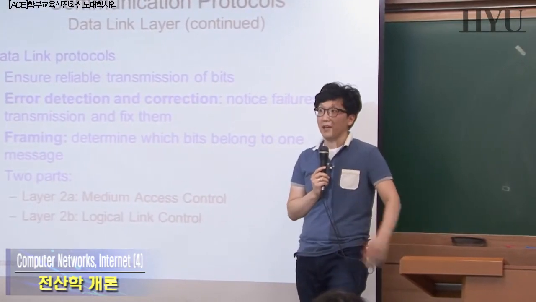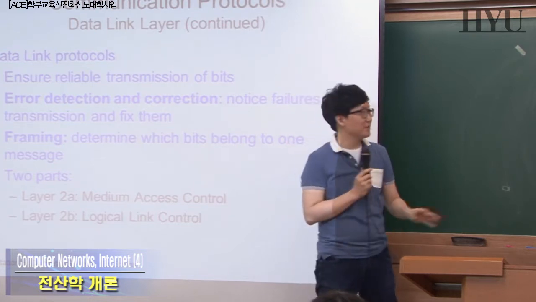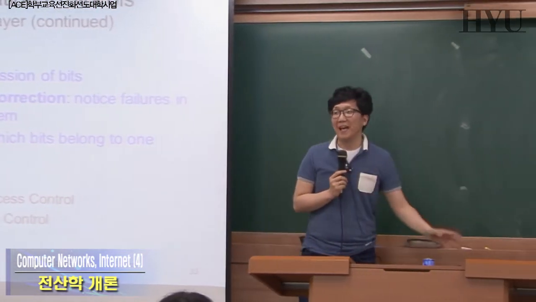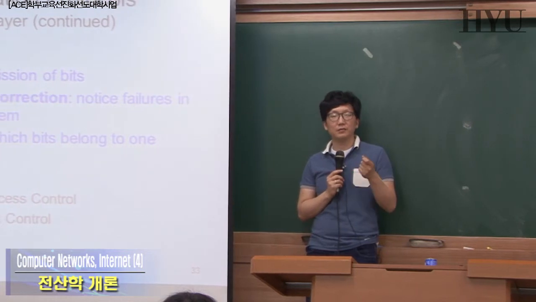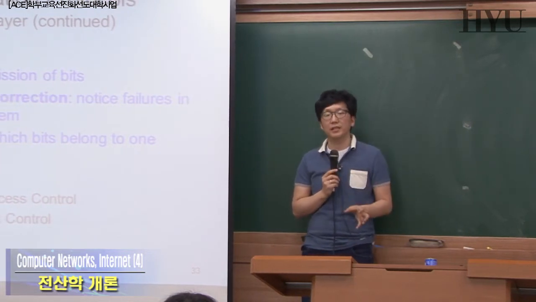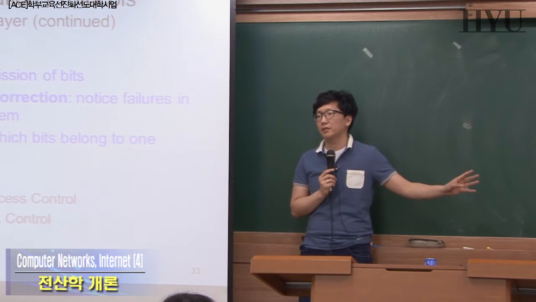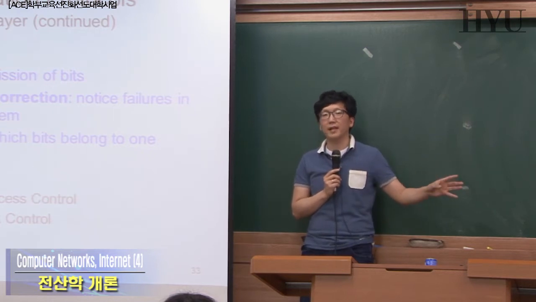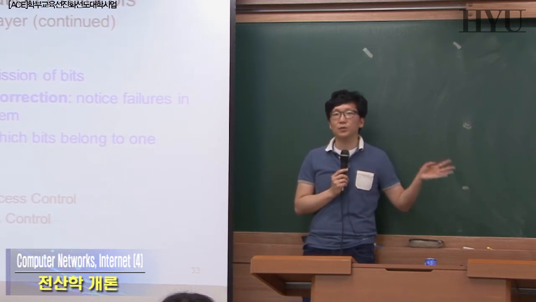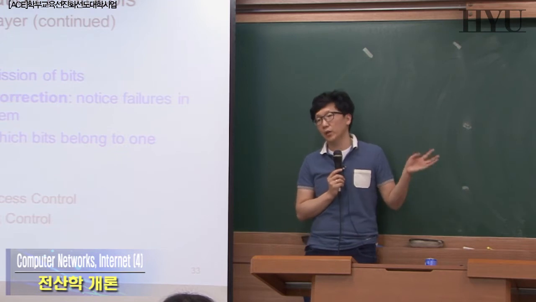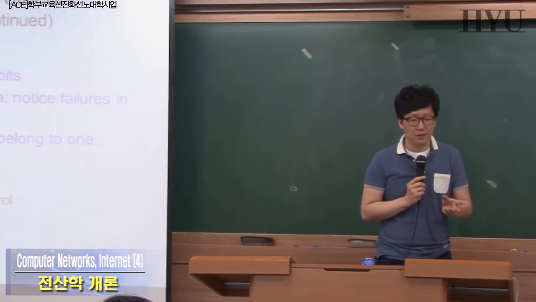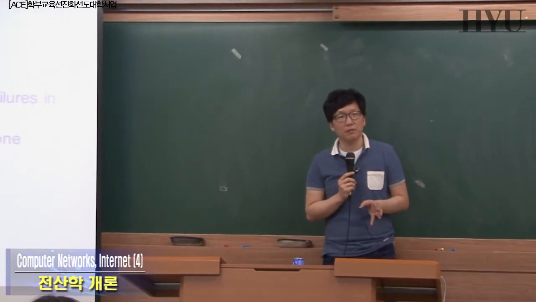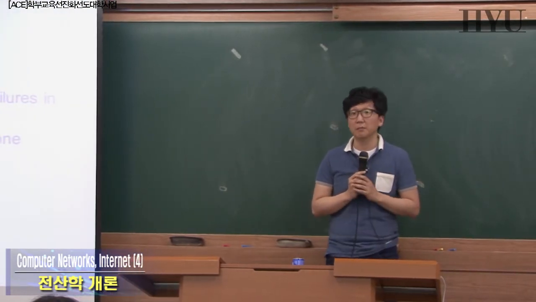Error detection, yeah. If you send certain numbers, maybe you can add them all, and along with the result of that addition, you send it to the receiver. The receiver checks it again. If the value at the end doesn't match what the sender sent, the receiver can find out there was something wrong with the transmission in between, right?